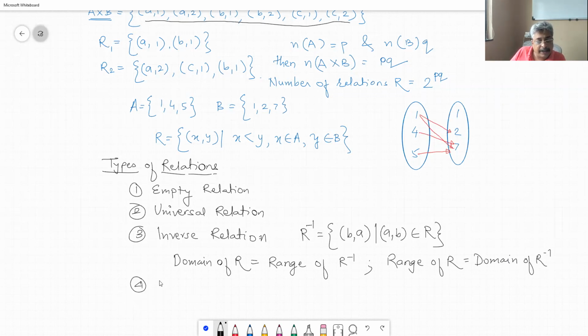Fourth, identity relation. Excuse me, sir. Yes. Sir, what is the meaning of range of R inverse? Range of R inverse means when you are coming back from B to A, which particular values are attained, all those A's is the range of R inverse.